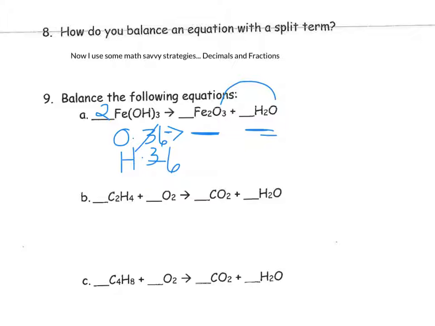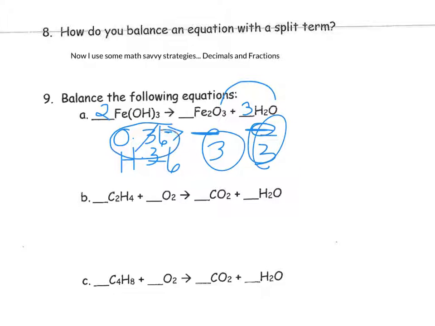I have 6 hydrogens on the left side, so I want 6 on the right. So 2 times 3 would give me 6. And so now I'm going to look at this oxygen. I have 3 oxygens right here, and I have 3 right here. And, well, that's what I'm looking for, right?